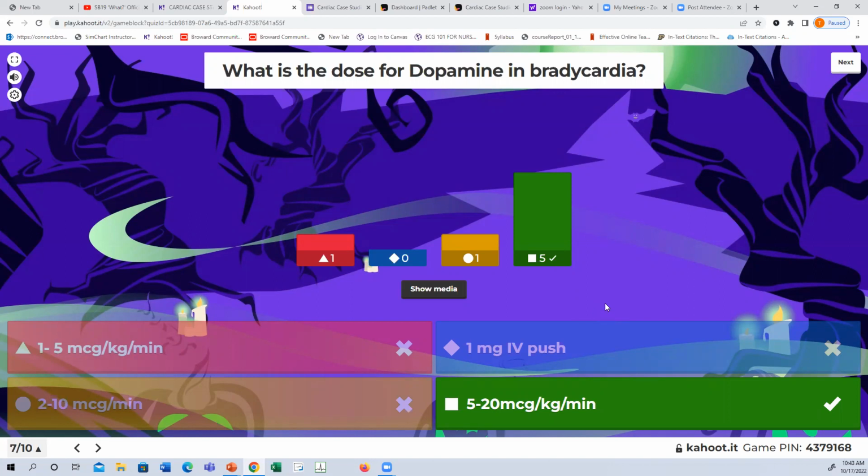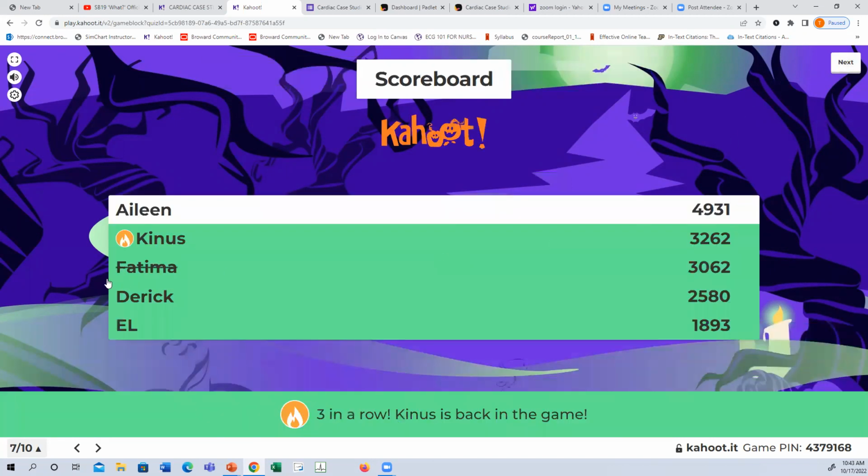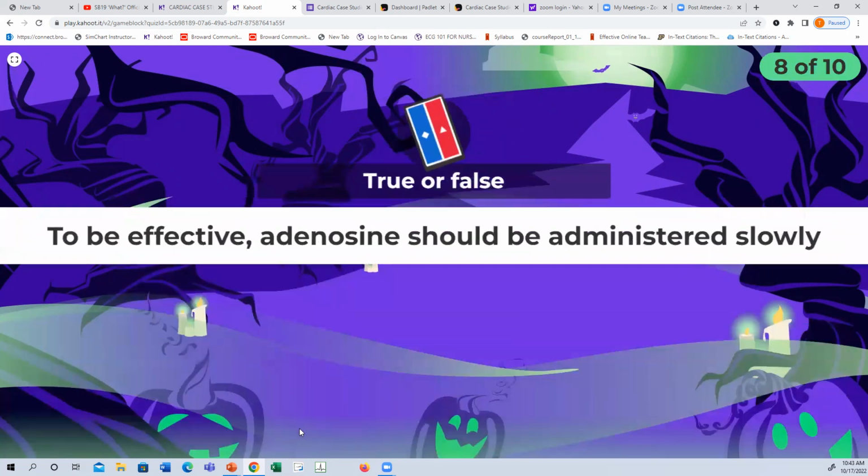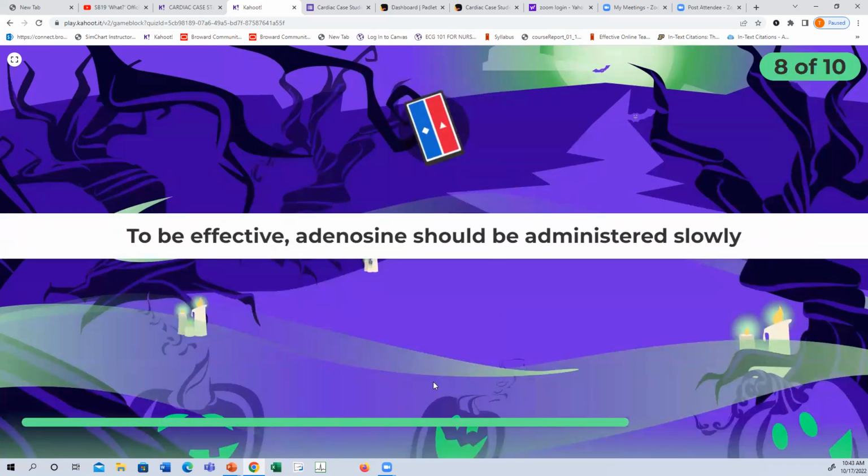Okay, if you're going to give dopamine at a range of less than 5 micrograms per kilogram, it's not going to have that alpha effect. So it is dose dependent whenever you use dopamine. So let's see, Eileen, Kinos, Derek, Fatima, and EL, and Kinos having a 3 in a row. Congratulations.